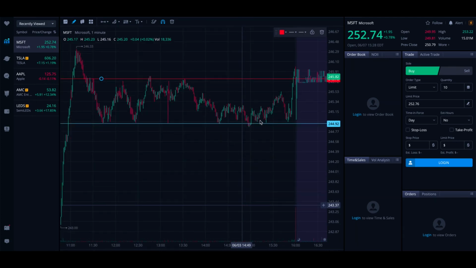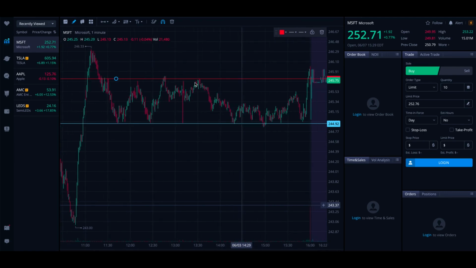Yeah, this was actually a really good example of support and resistance. Granted, we don't have that many touches of the resistance line here, but we do have a lot of touches of support before launching back up.